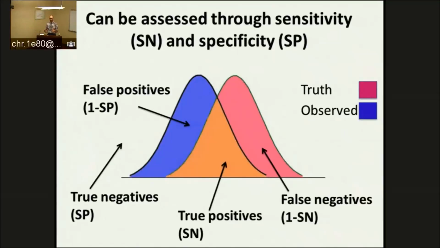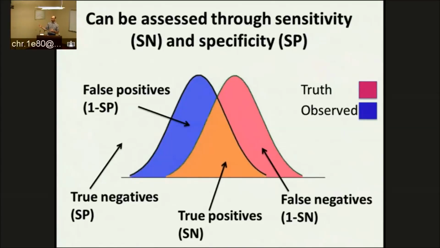That's what we want to get at. What they report to us, if they're self-reporting it, they're coming for prenatal care, and we ask them, are they a smoker? What they tell us is the observed, and that's what's in purple. The overlap between these two, the observed and the truth, is true positive. So this is someone who actually does smoke, and they told us in the survey that they're a smoker.